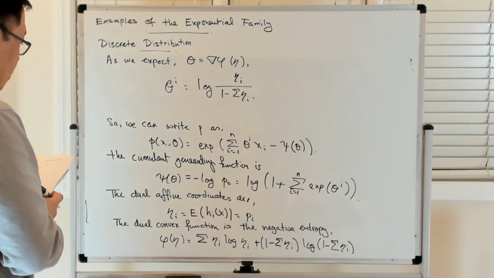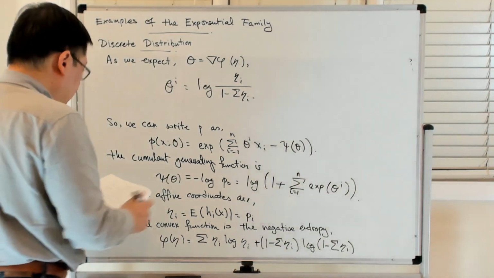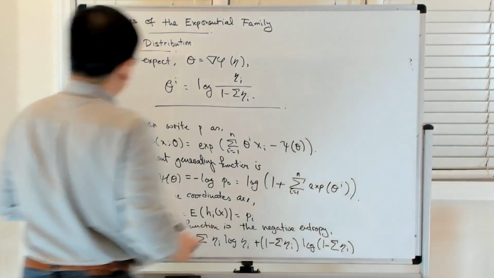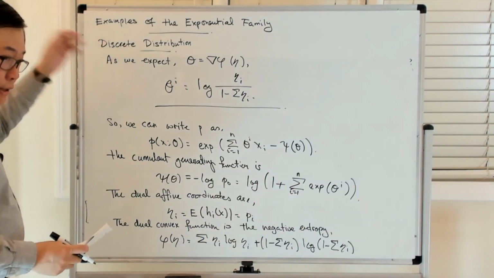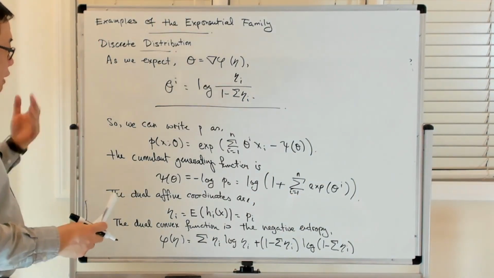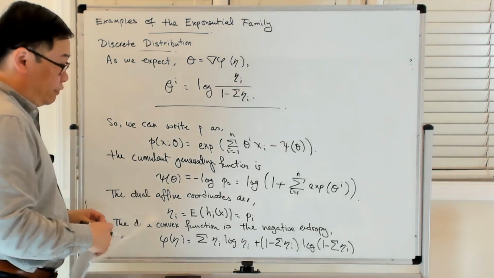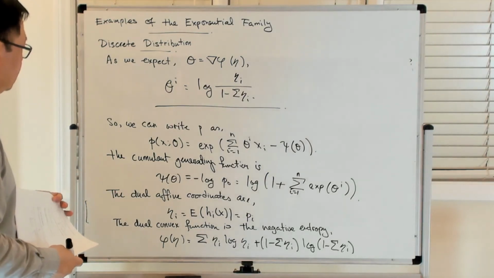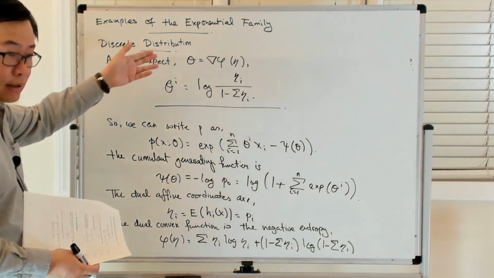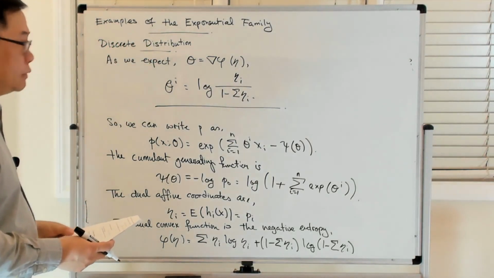So again, that demonstrates that the set of discrete distributions on some sort of discrete random variable space is an exponential family, as we would expect. Okay, so let me just stop here.